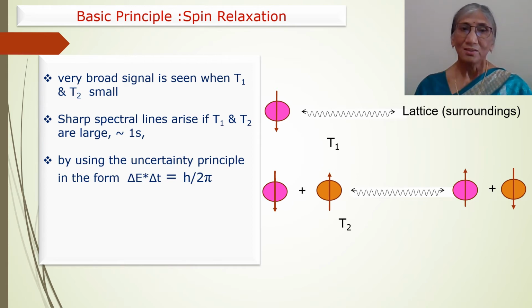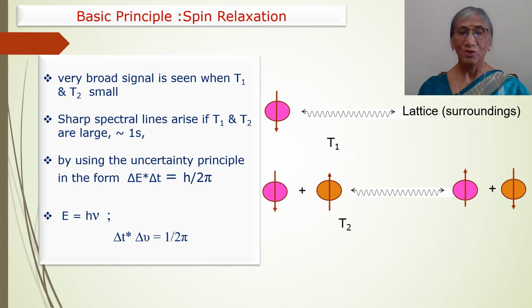There is an uncertainty principle. In this form, the product of delta E and delta T is equal to h by 2 pi. This can be modified in terms of frequency: the product of delta T and delta nu is equal to 1 by 2 pi. Now 1 by 2 pi is a constant.